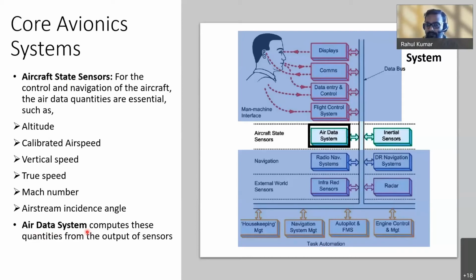Again, as I mentioned, it will give you the temperature, the atmospheric pressure, and all that information about the air, or the surroundings of the aircraft. And obviously they can be used to calculate the altitude, the speed, and the Mach number.